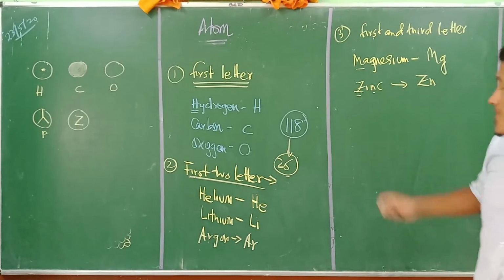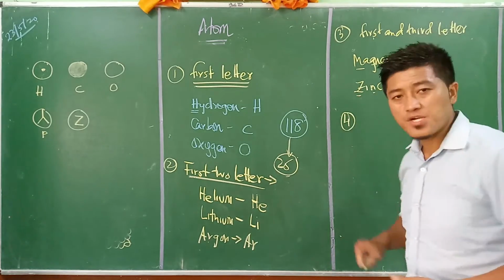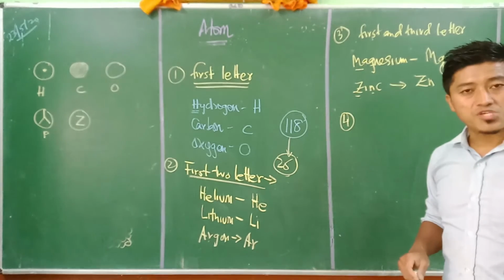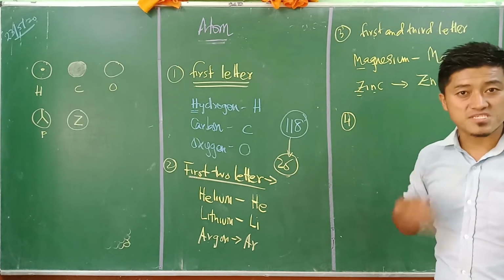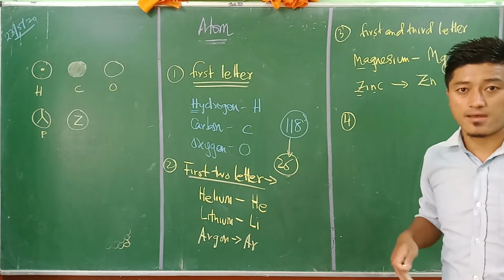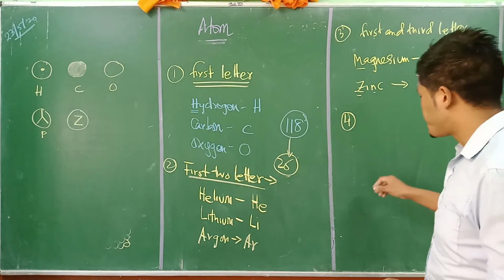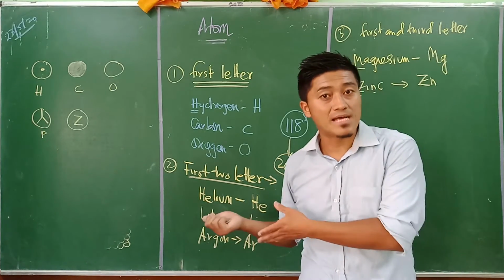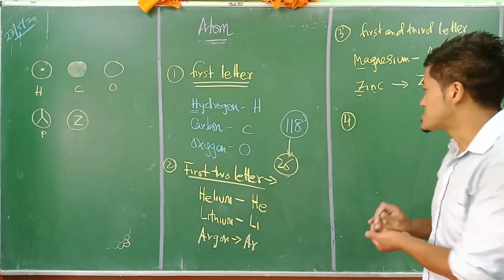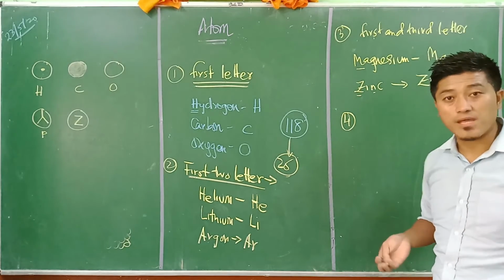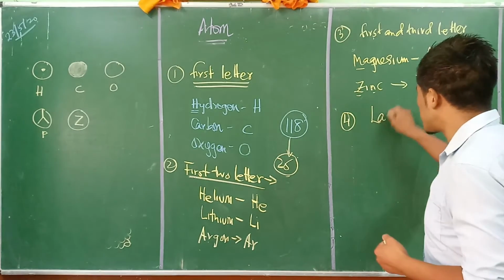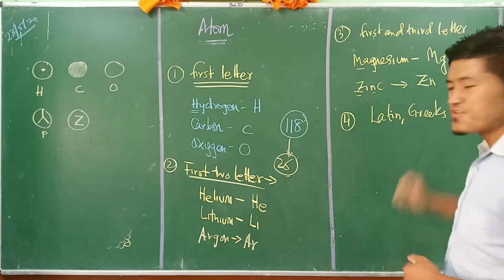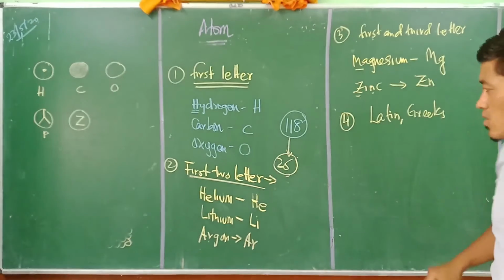Now they took the fourth measure. There are some elements which were discovered in different places and have different names there. For example, some elements have a Latin name, maybe Latin or Greek. Let's say sodium.